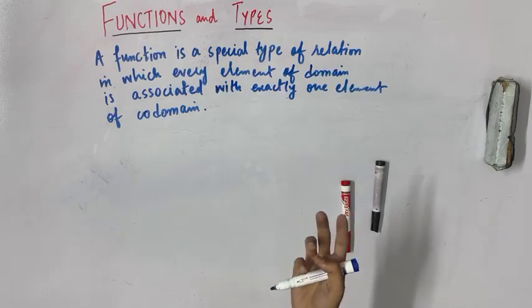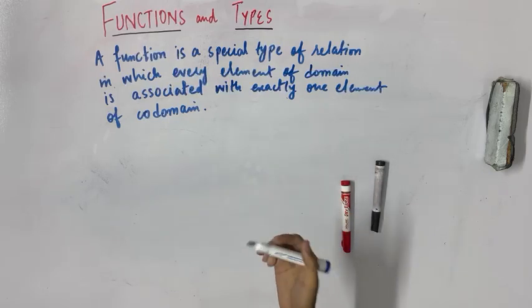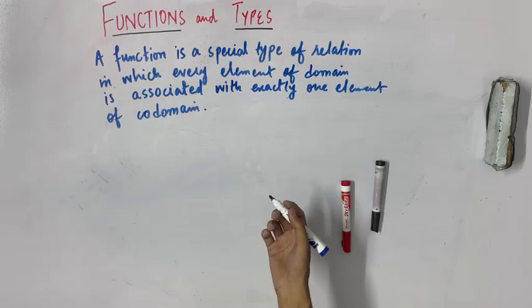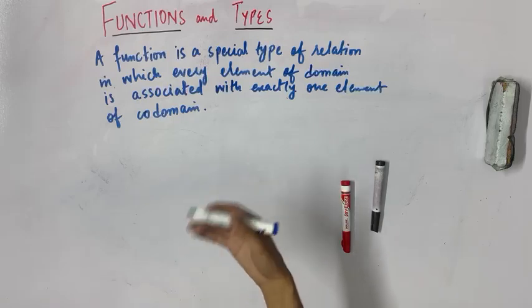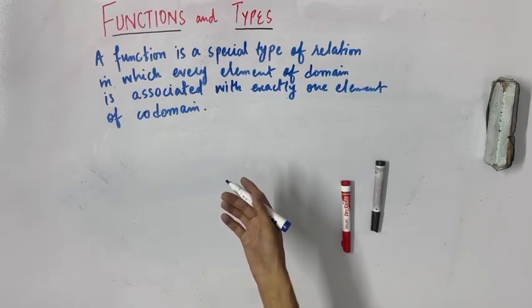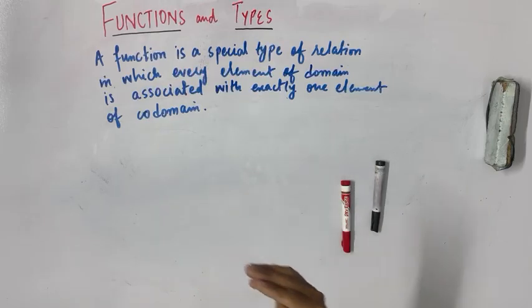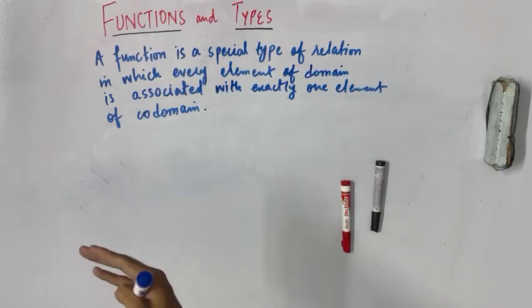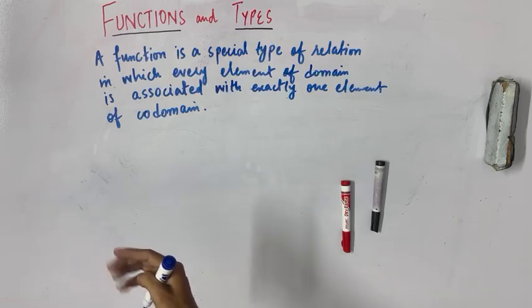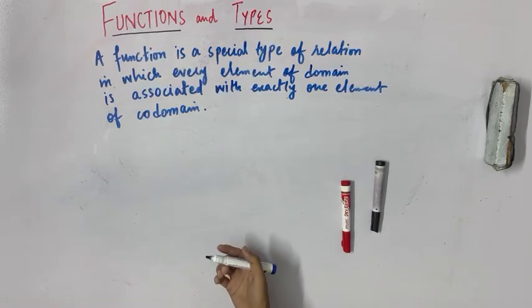So it is a relation, they are connected with each other, but that will not act as a function. For a function, we will see the conditions as well, that for one input there should be only one output. Okay, and we will see further conditions related to the function.